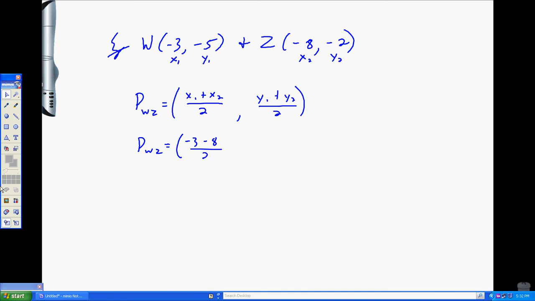Watch that again. It's adding a negative, so -3 plus a -8, that plus a minus becomes a negative. That's why I just put -3 minus 8. And then we've got y1 is -5, plus a -2, all over 2 again.